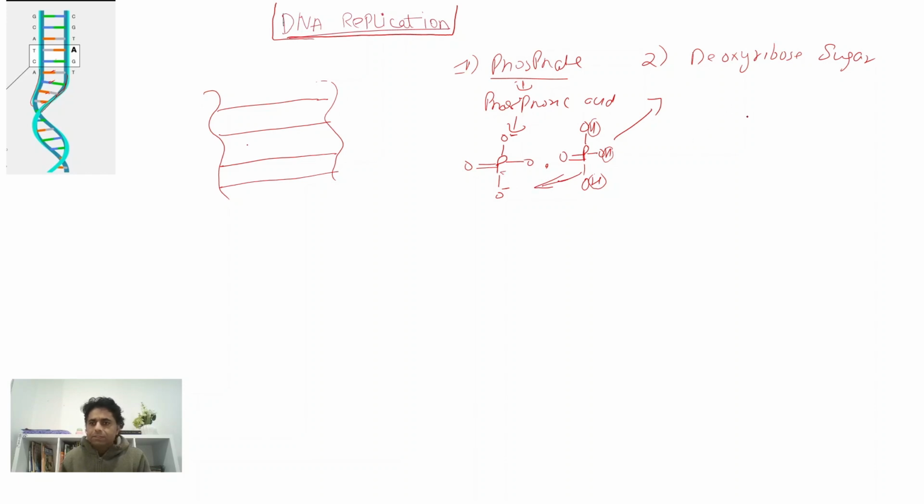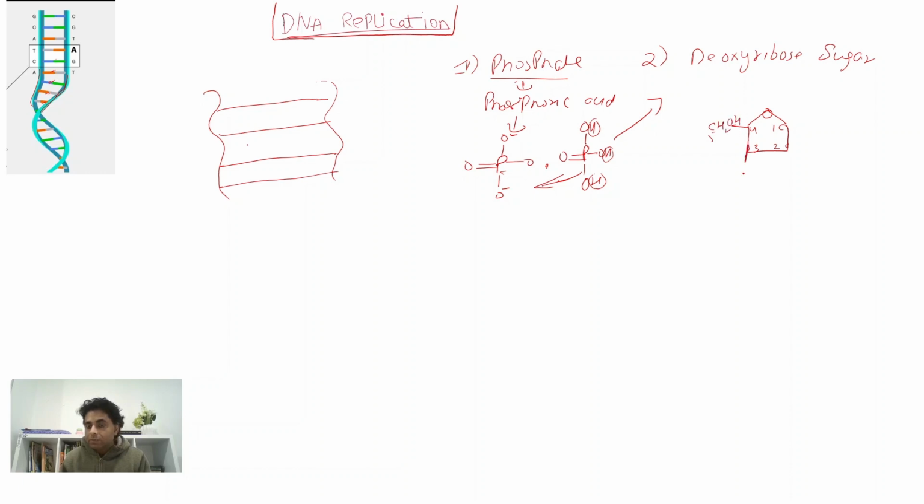Okay, let's discuss the deoxyribose structure. It has a pentagon structure. So let's draw the pentagon first. Oxygen in the middle, and this is the first carbon, second carbon, third carbon, fourth carbon, and the fifth carbon is outside. The fifth carbon is CH2OH.